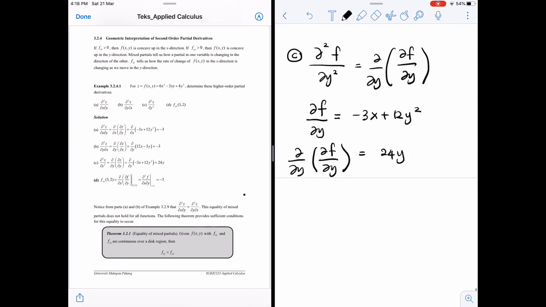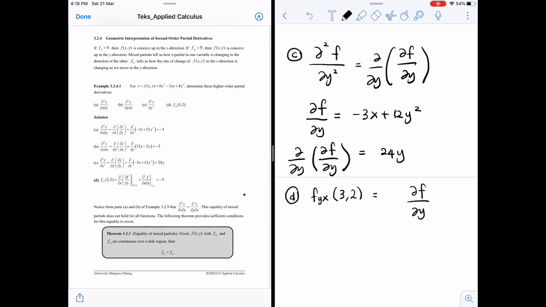For question D, we have been asked to find fyx at point (3,2). What is meant by fyx? This means that we need to find the differentiation of f with respect to y first, then we differentiate this partial derivative again with respect to x. So what is our del f del y?